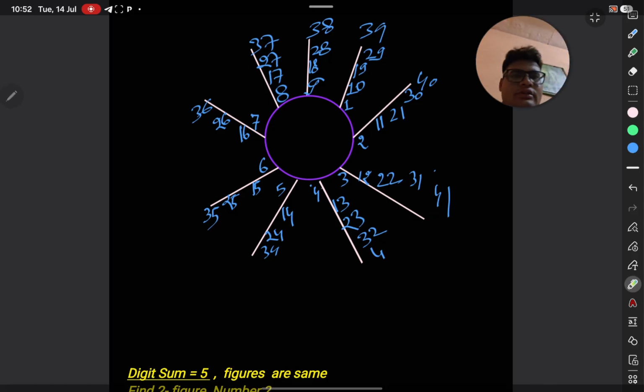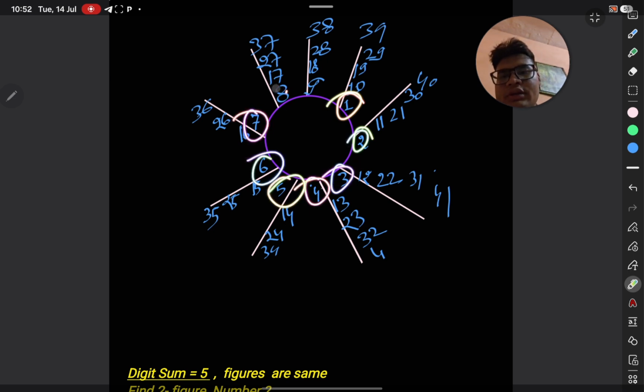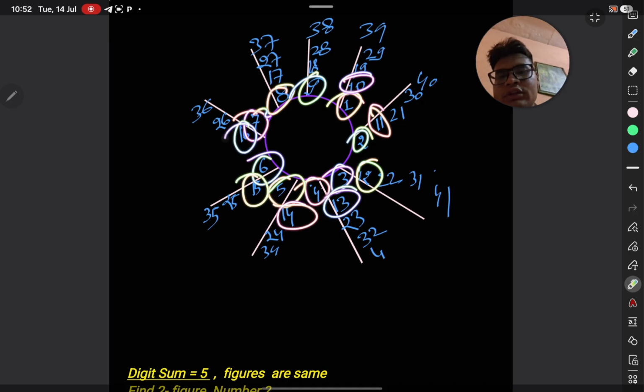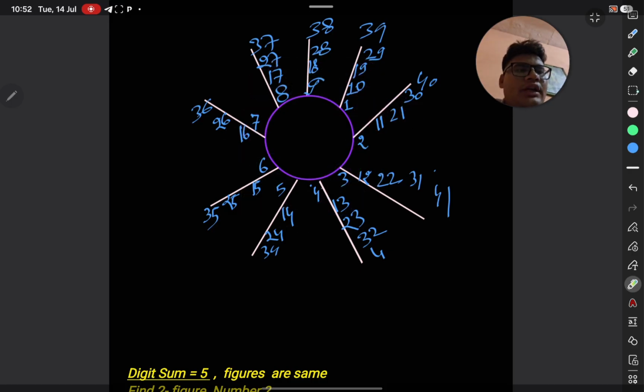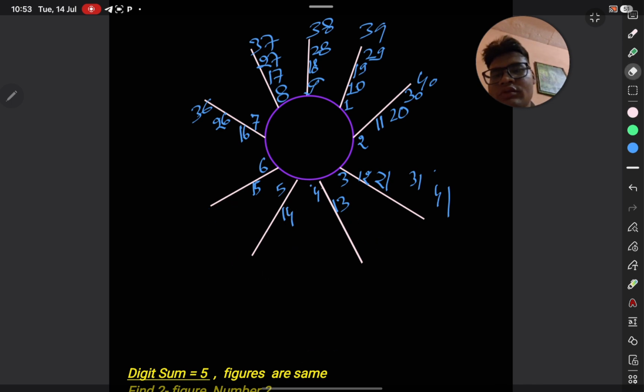Here there will be one correction. First, we have to count again: 1, 2, 3, 4, 5, 6, 7, 8, 9, 10, 11, 12, 13, 14, 15, 16, 17, 18, 19. Here 20 was missed, so we write 20 here, then 21.